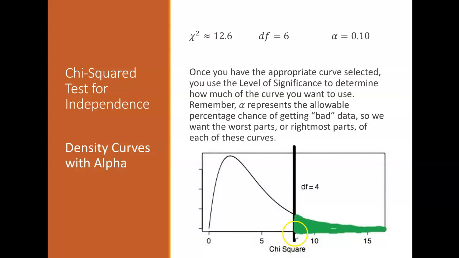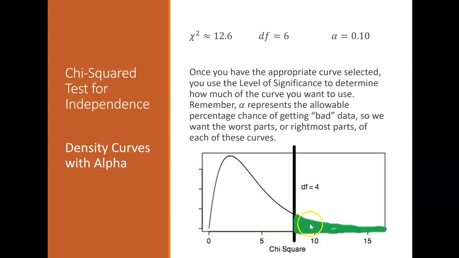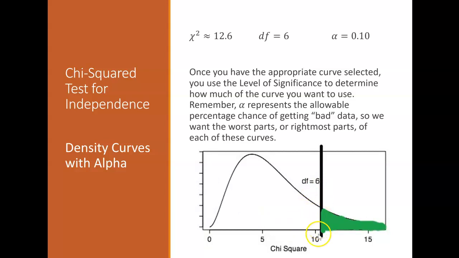Here it's 8-ish, here it was a little more than 4 probably. If we have 6 degrees of freedom now, it's bigger than 10, right? We can see that the degrees of freedom really changes the chi-squared critical number for the same level of significance. Everybody's okay with that?